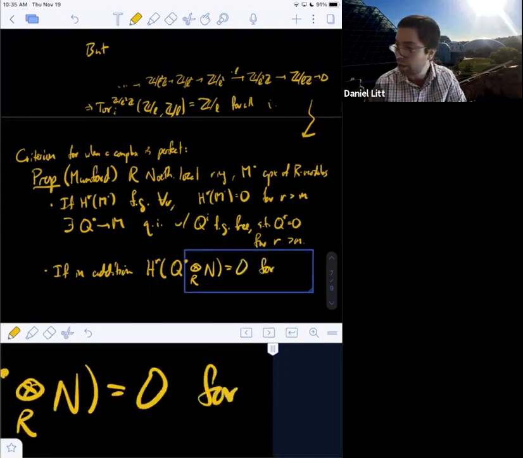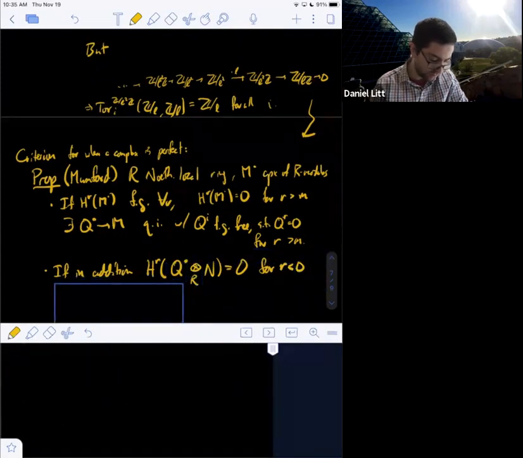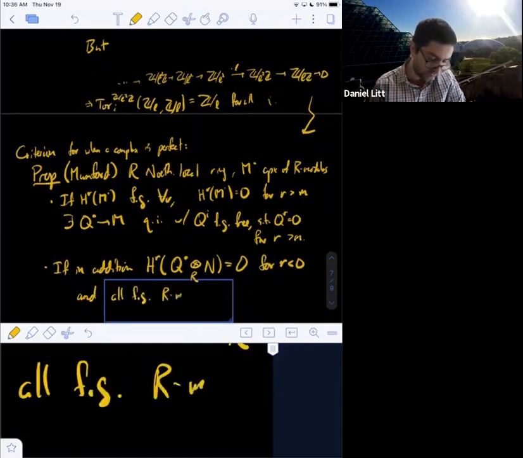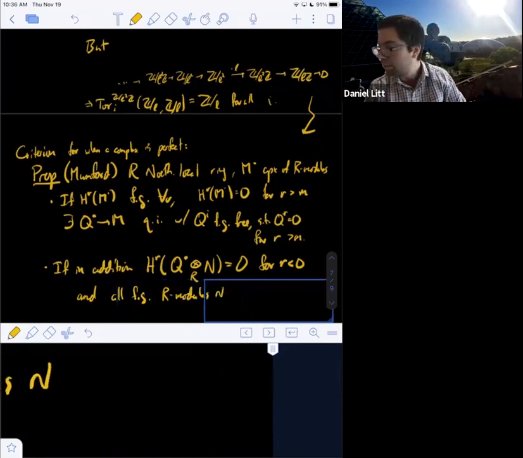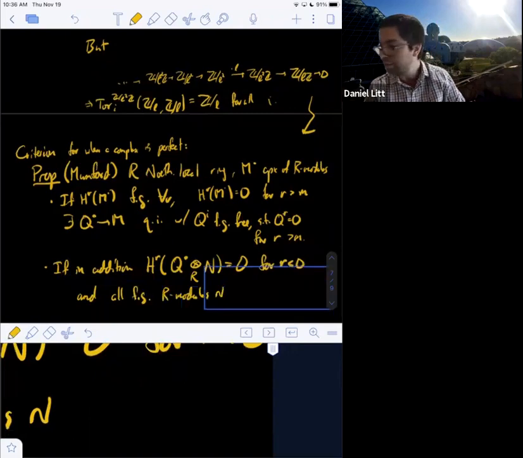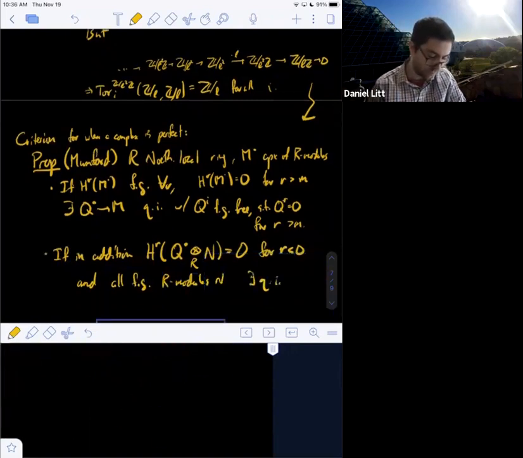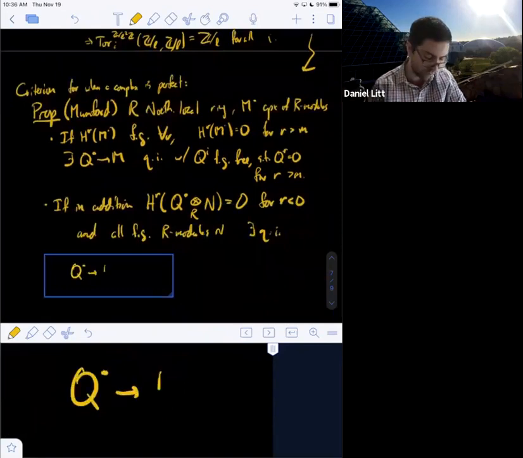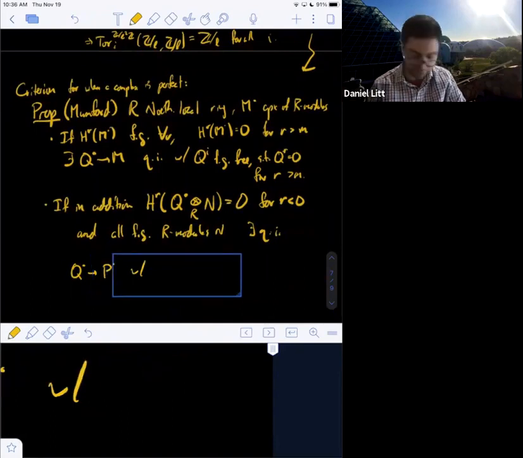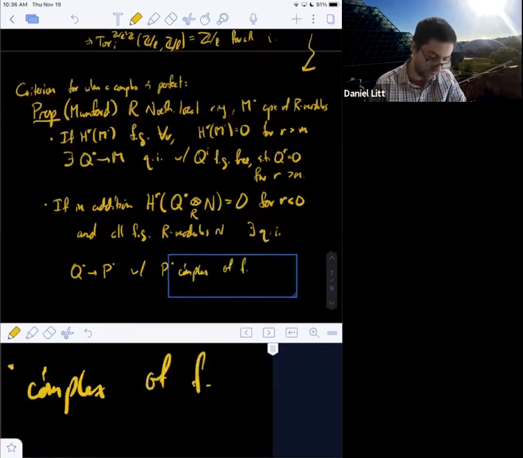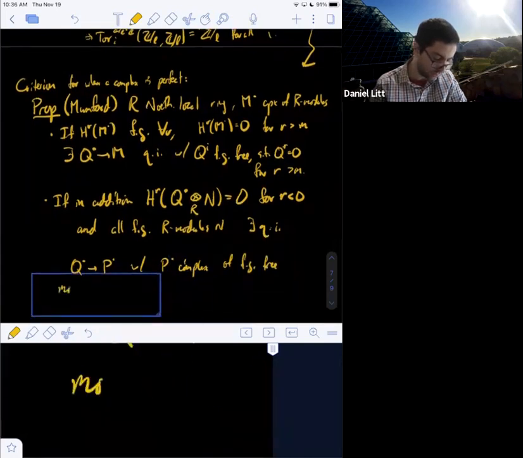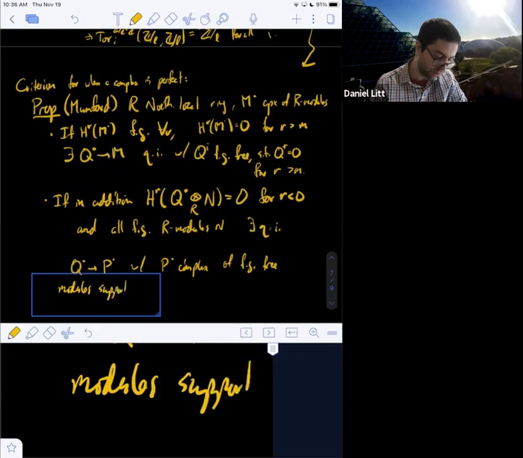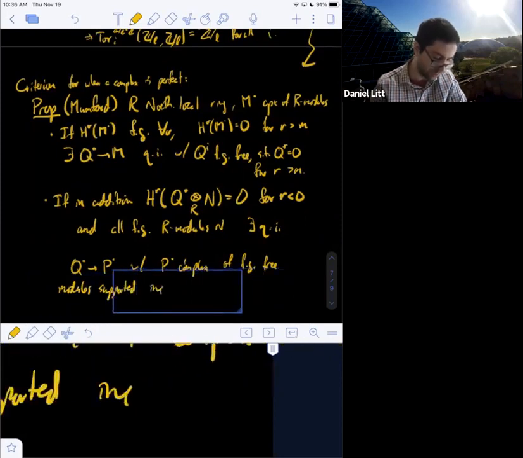So if this is 0 for r less than 0, and all finitely generated R modules N, then the statement is that there exists a quasi-isomorphism Q to P with P a complex of finitely generated free modules supported in degrees 0 to m.